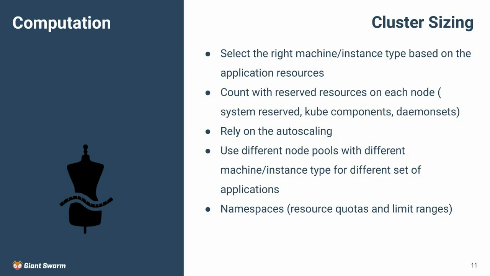And as I said before, we have to account for the resources of each node. And it's not only the system reserved and kube components, also all the daemon sets that are running in the cluster. Things like logging or observability. Pods that run in all the nodes will remove some of the resources available on the node.